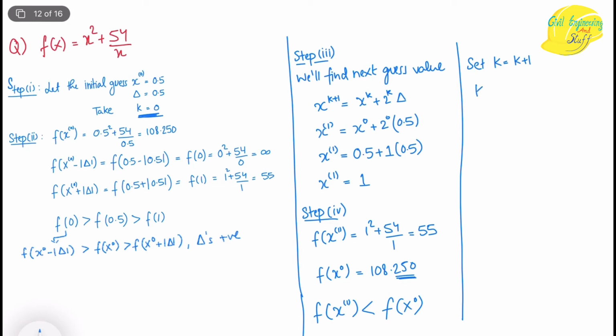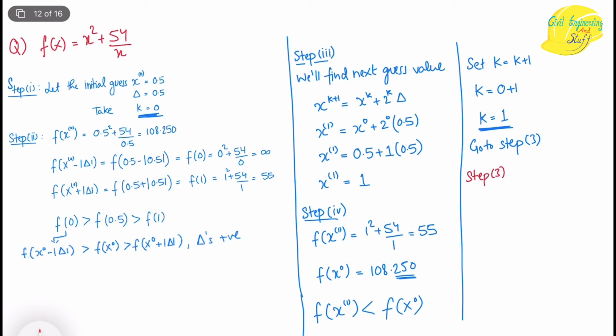So your new k value is 0 plus 1, so your new k value is 1, because the initial k value was 0. Okay, so now we have set k equal to 1 and go to step 3. That is, we will again repeat step 3.